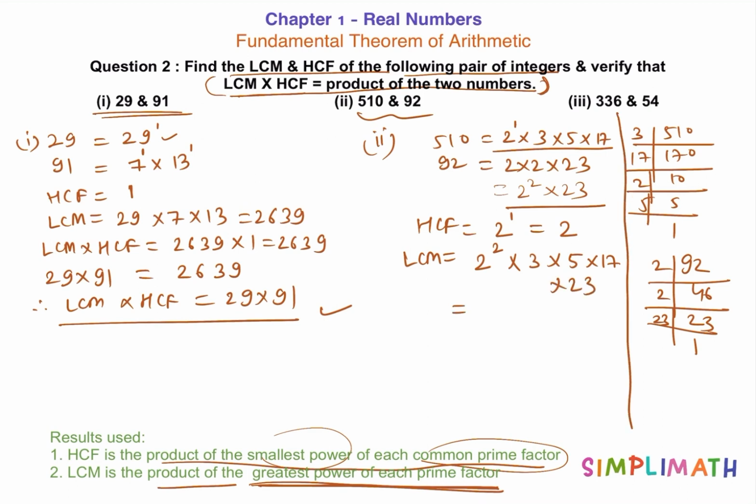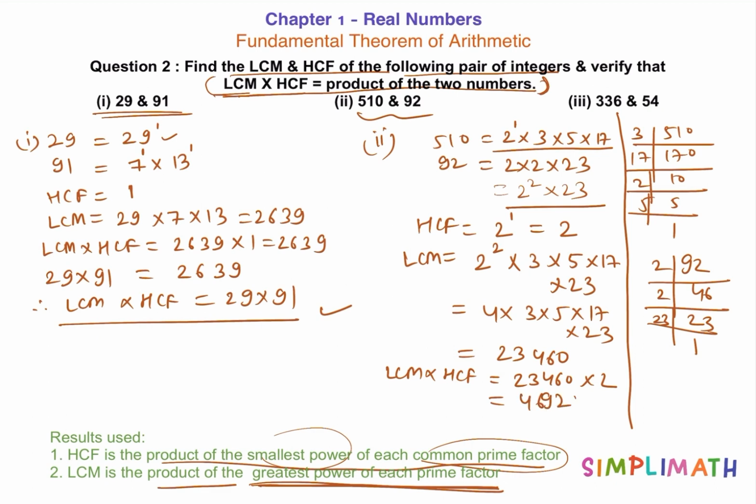Okay, so if we find the multiplication of all these numbers, we get 23460. Now let's check if this result holds. LCM into HCF equals the product of the two numbers. So here LCM into HCF is 23460 into 2, which equals 46920.